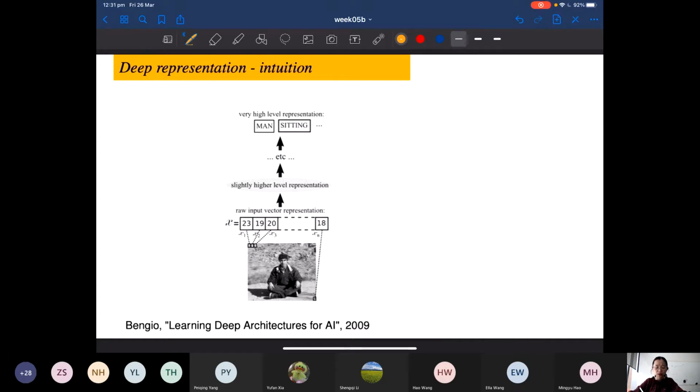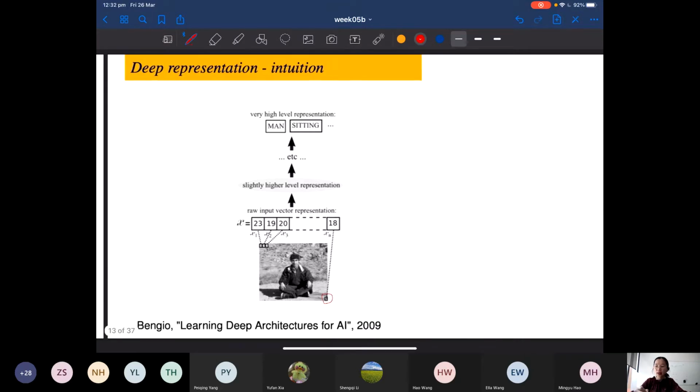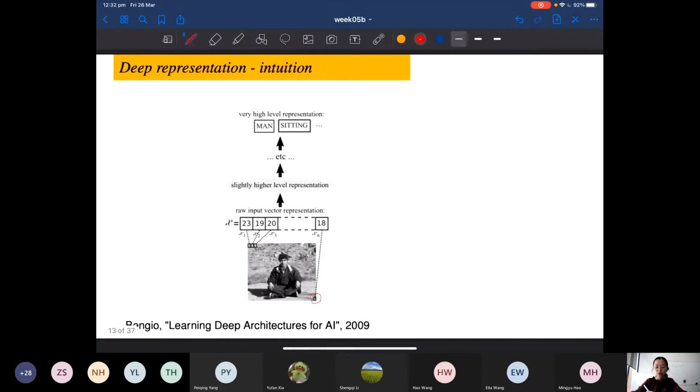If we're doing image analysis and we put each little image patch through a neural network with many layers of convolution operators, you will get higher and higher level representations.